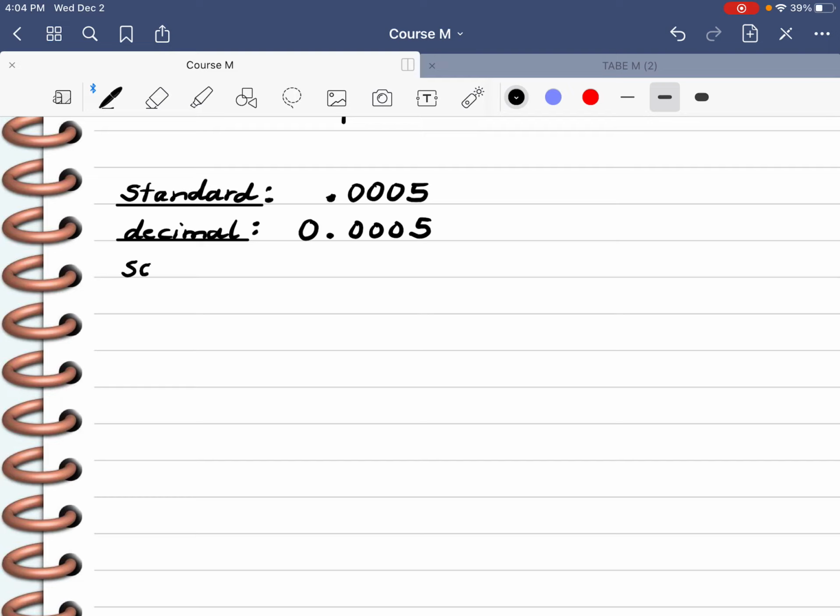Let's do scientific next. So we have a 5, always times 10 because our number system is based on tens. And the 5 is after a decimal, so it's -4. There are 4 places after that decimal. The 5 is in the 4th place, so it is -4.